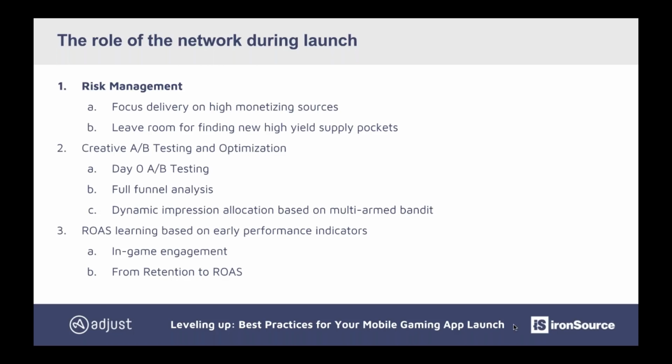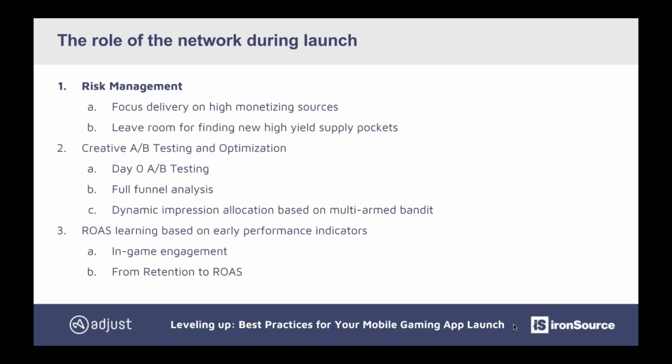So you want to analyze that full funnel from the impression to the monetization and make the right decisions about which creatives should be running. And this is the role of the network here, but you want to monitor that and make sure that it's happening.